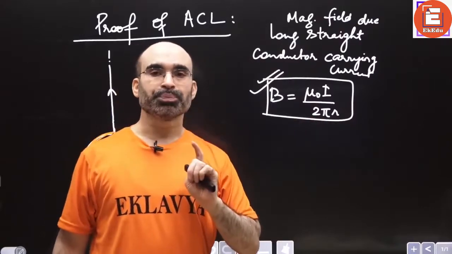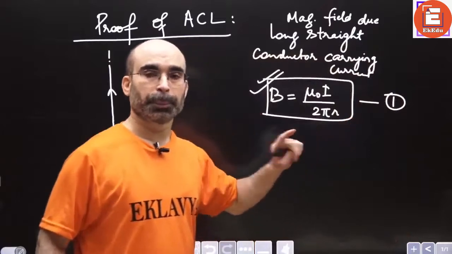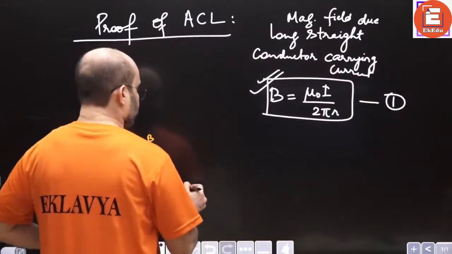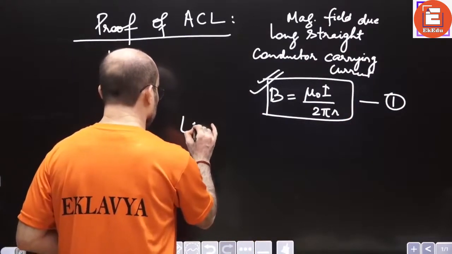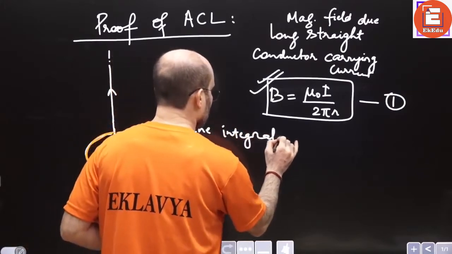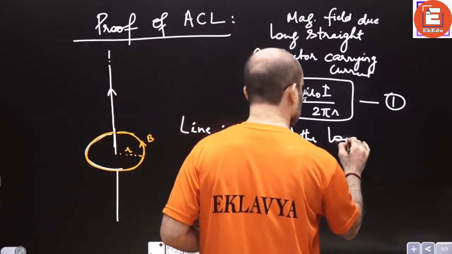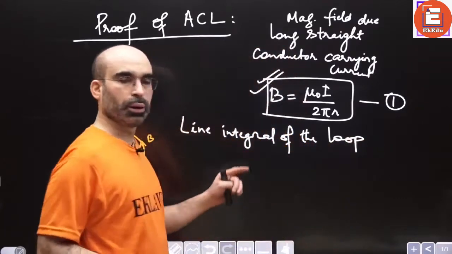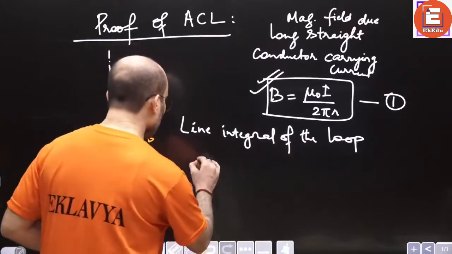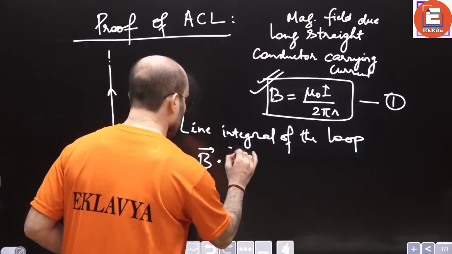Now what will we do? Mark this equation 1. Now we will find the line integral of the loop, that is B dot dl.